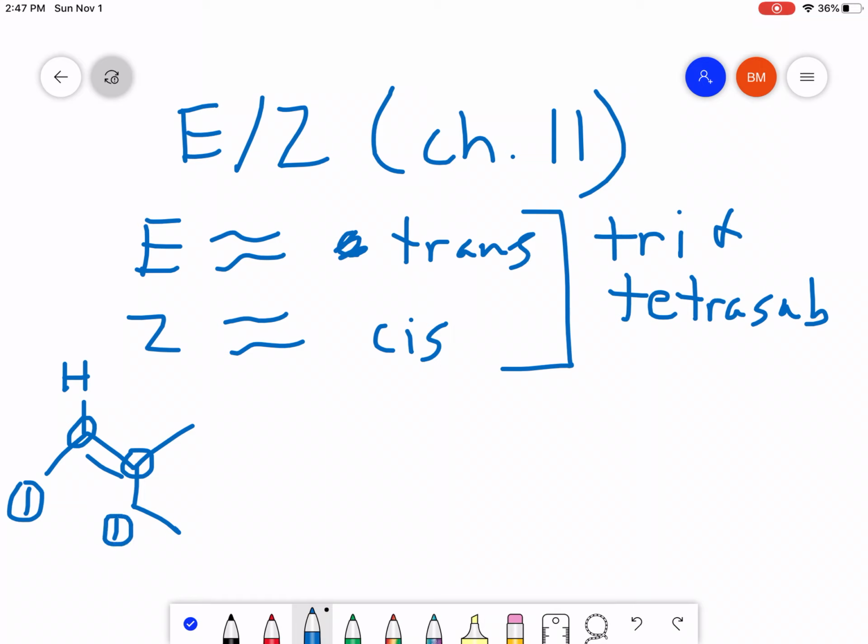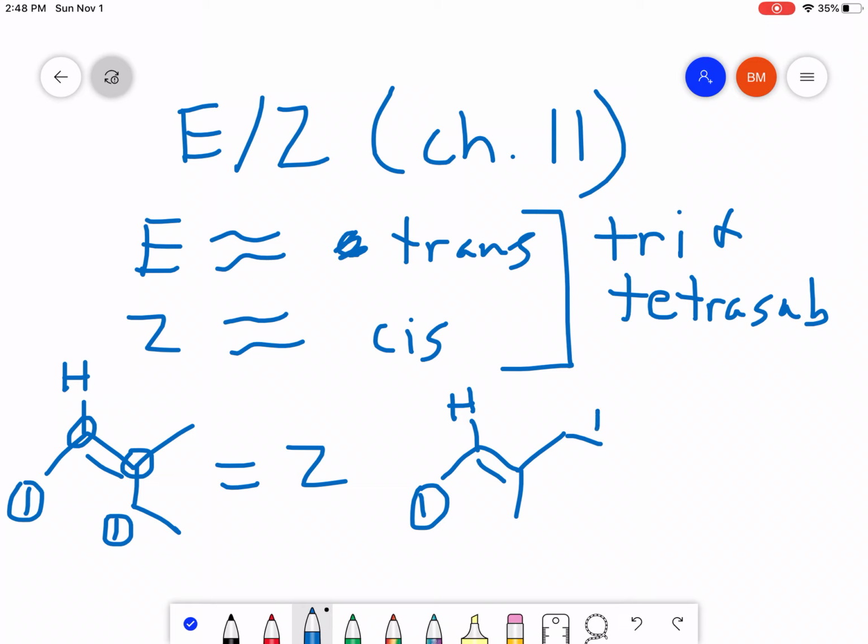If these two higher priority groups are on the same side of the double bond, that means you have a Z arrangement. However, I could tweak this a little bit. I just basically swapped places with the methyl group and the ethyl group on that second carbon. So now, the highest priority group over here is methyl.